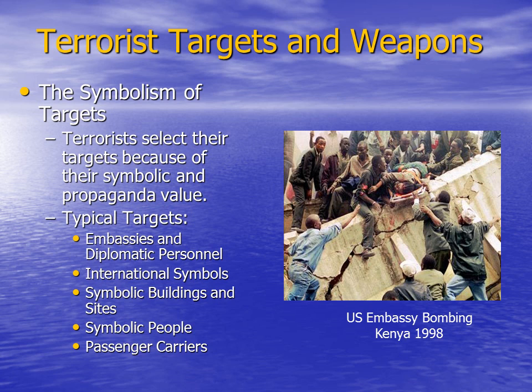The World Trade Center represents capitalism and its impact on the world. So these are symbolic targets that terrorists look to hit and try to obtain as much propaganda value as they can. Again, typical targets: embassy and diplomatic personnel overseas, international symbols.